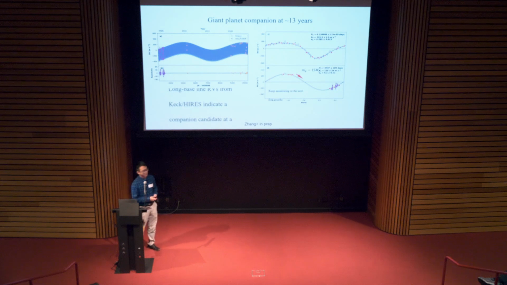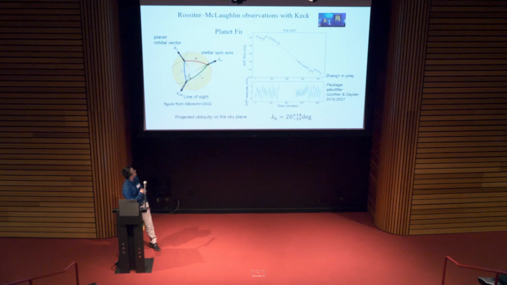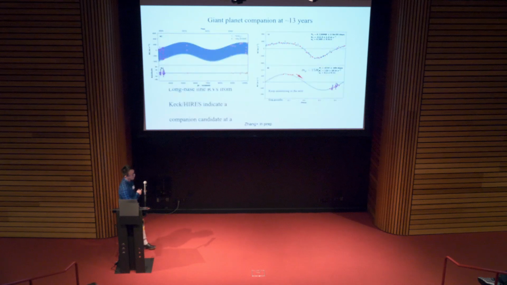And so they proposed for Keck HIRES time to continue to monitor the radial velocity since 2020, and combined with the older RVs from HIRES and Lick, they are actually now able to constrain the orbital period of this outer companion. It's roughly 15 Jupiter masses, and so it's on the border of a giant planet and a brown dwarf, essentially.